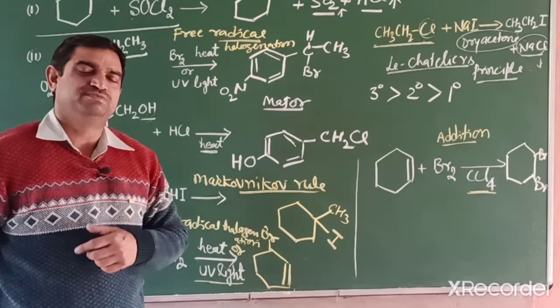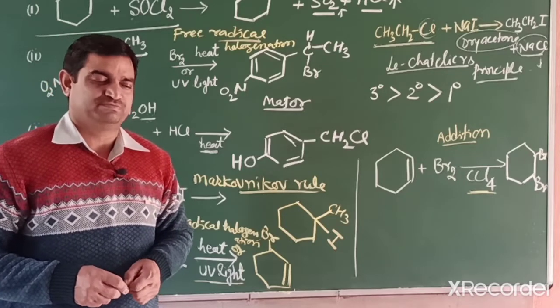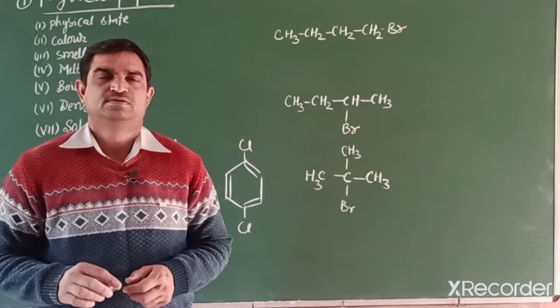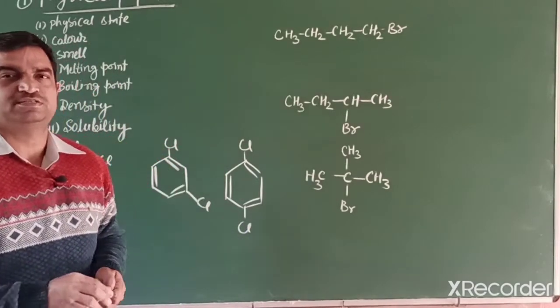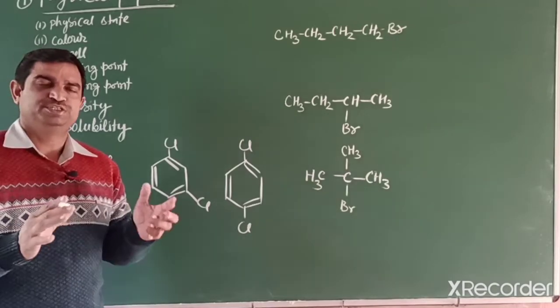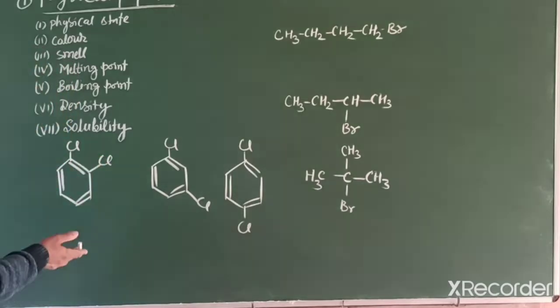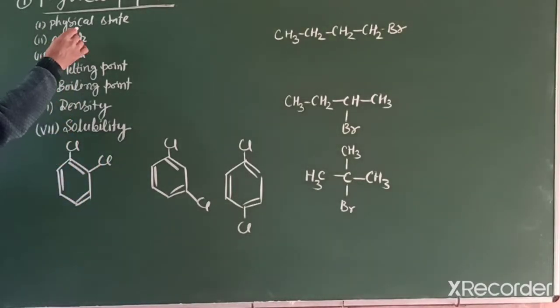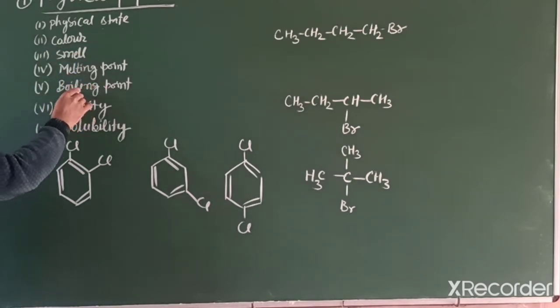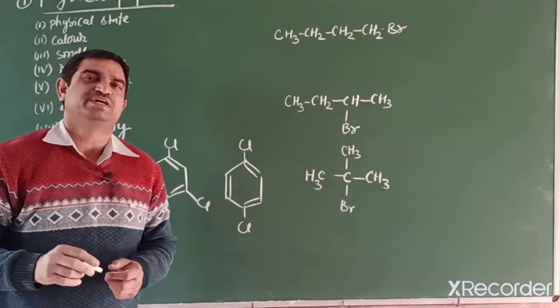Now students, we will discuss its physical and chemical properties. At first, physical properties. What are physical properties? Those properties we can feel, we can touch. For example, physical state, color, smell, melting point, boiling point, density, solubility, refractive index.